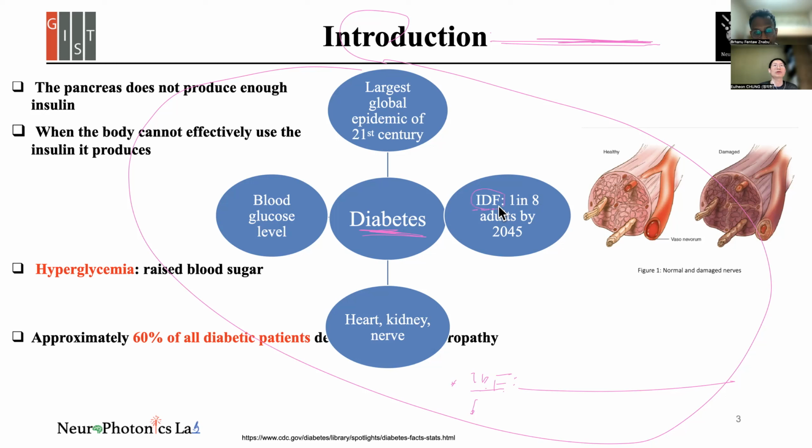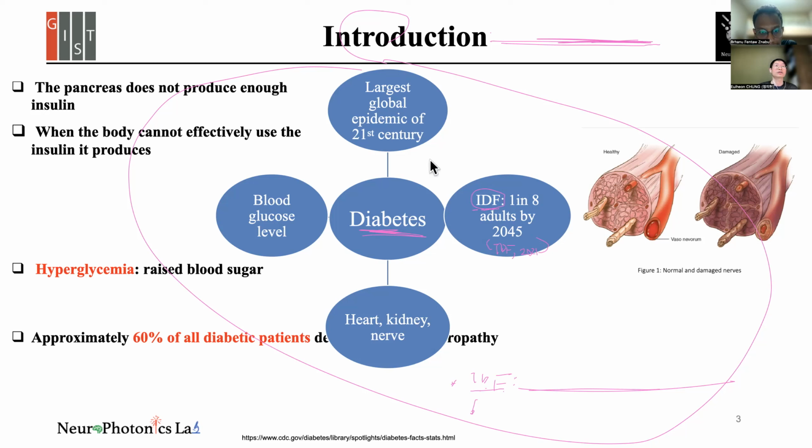This is not a point. 1 out of 8 adults will be suffering from diabetes, and the source is IDF, I guess, right? Yes, IDF. Then you have to be specific on the year, like 2021, so the source has to be clear. When you are giving a number, don't put it this way. Then we cannot see whether you are rigorously citing proper sources.